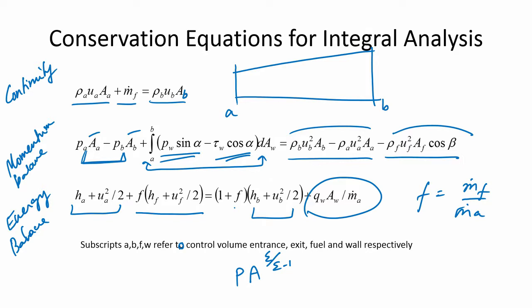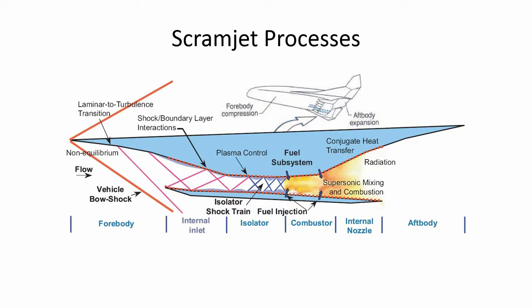People also introduce additional empirical correlations to develop this design. But it's essentially the solution of these three balances, continuity, momentum and energy, that gives rise to the design analysis.